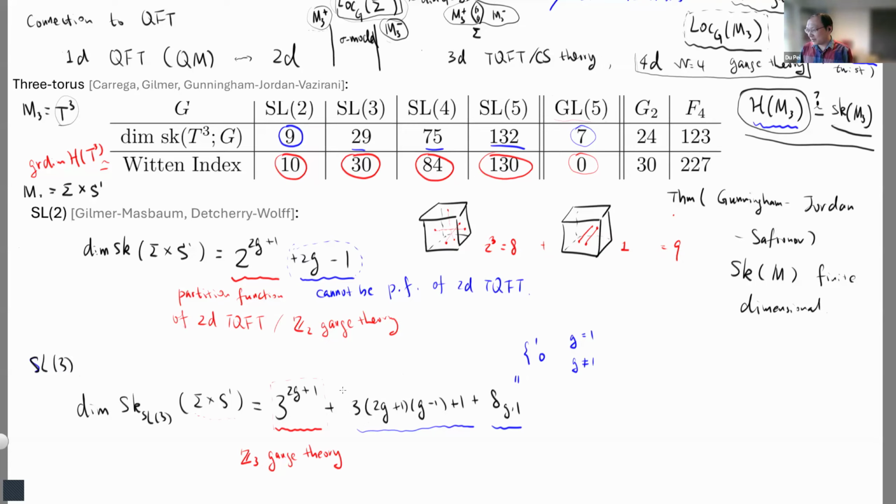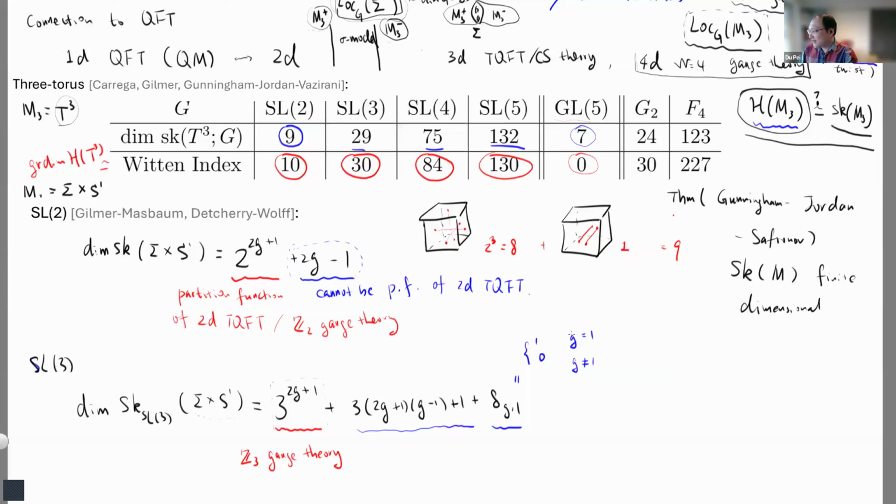It cannot be the partition function of any 2D TQFT, but that's already present for the SL2 example. But now it has an additional delta function. This is even more exotic.